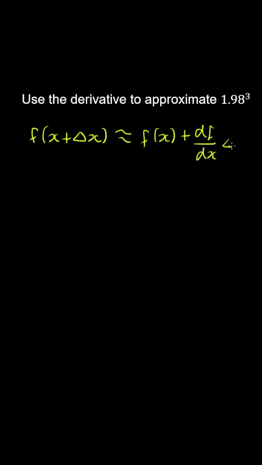Let's approximate 1.98 cubed using the derivative. So the linear approximation to a function is approximately f of x plus the first derivative of f with respect to x by delta x. In this case, f of x is equal to x cubed, so the derivative is 3x squared.